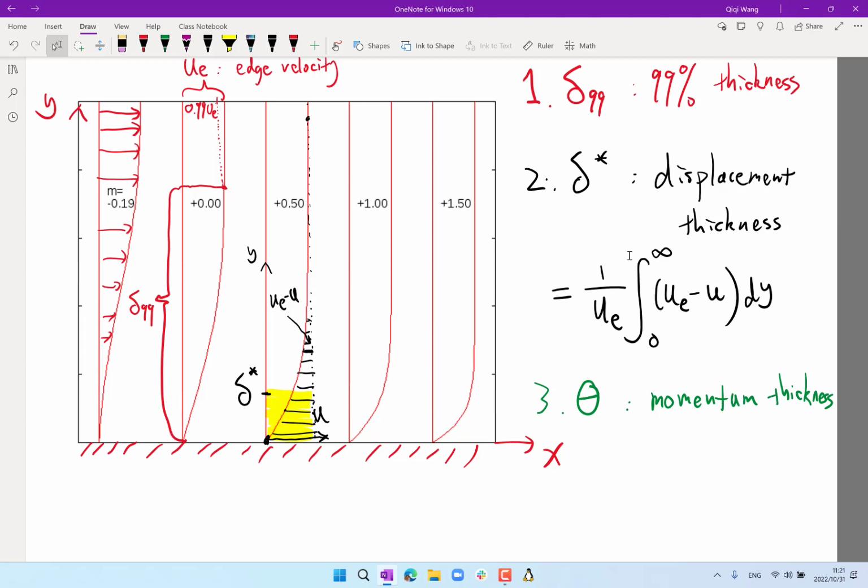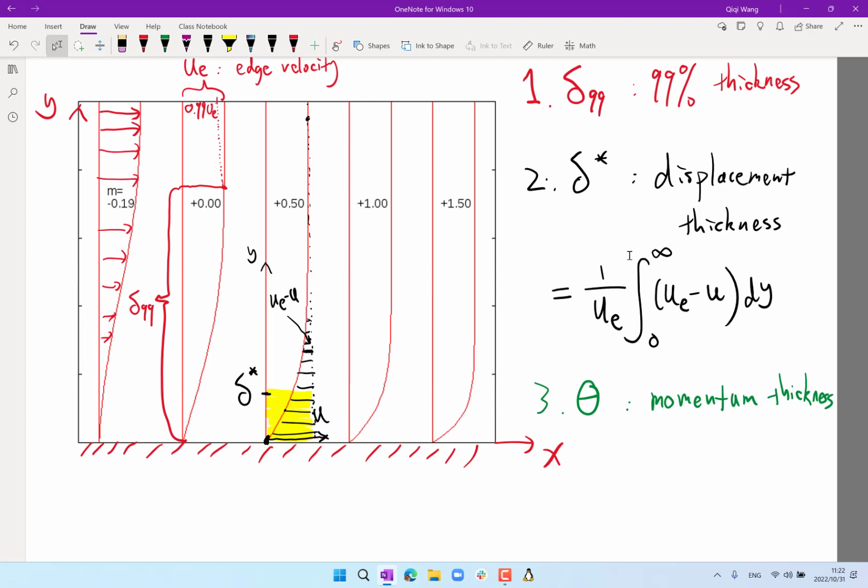If you multiply a rho onto that integral, this is called the mass flow effect. This is basically comparing to the black profile, which is an inviscid flow: how much less mass flow is within this boundary layer compared to if there was no boundary layer.